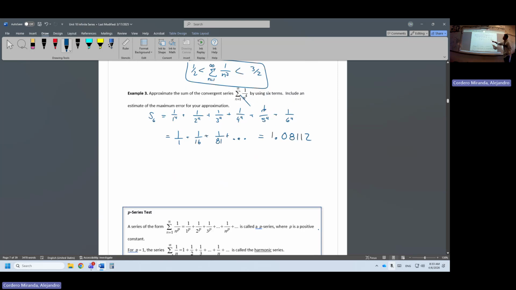In this case, we use 6 terms to approximate the sum, so the maximum error would be, what was my function? 1/x^4. Notice I went from 6 to infinity.